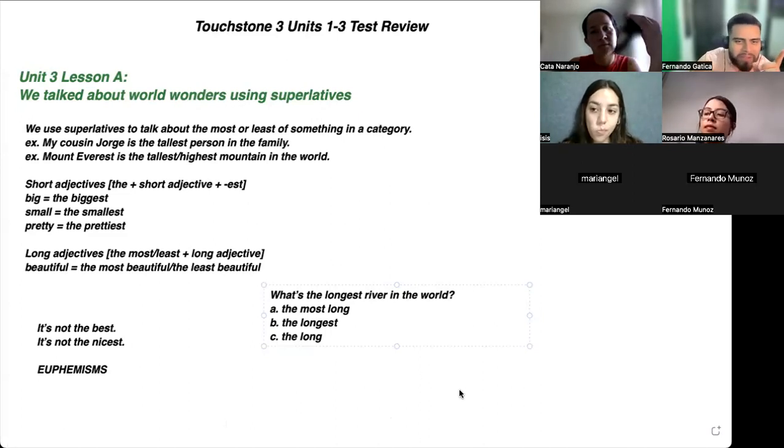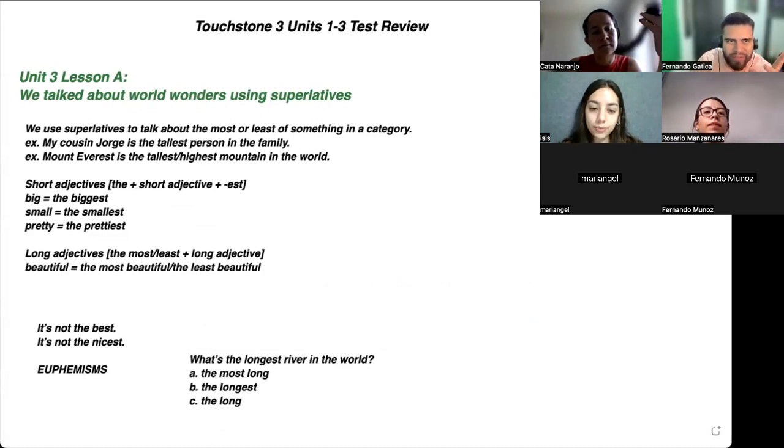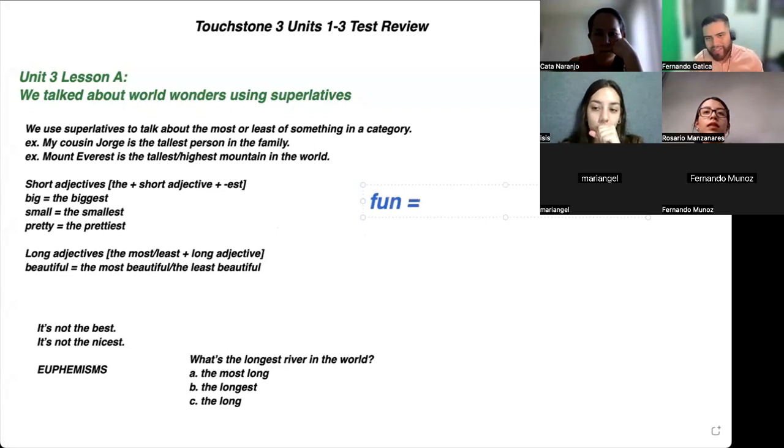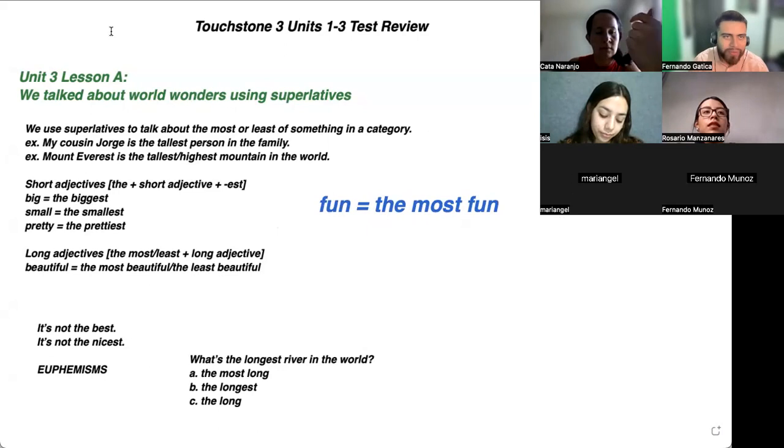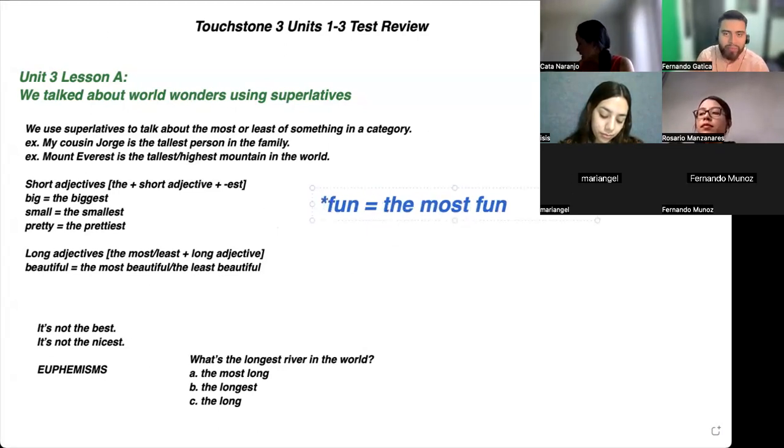Now, do you remember the exception for this rule right here? It was one little word. Fun, right? So fun in superlative form, what is it, Jonathan? The most fun. Aunque fun es un adjetivo corto, lo tratamos como si fuera uno largo.